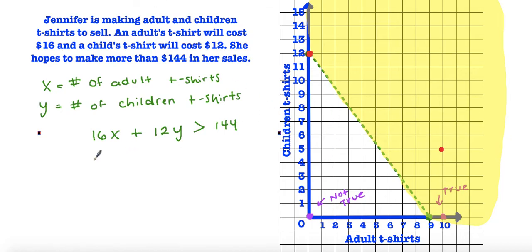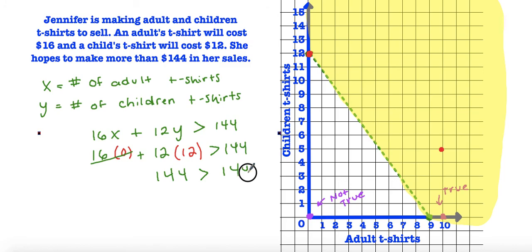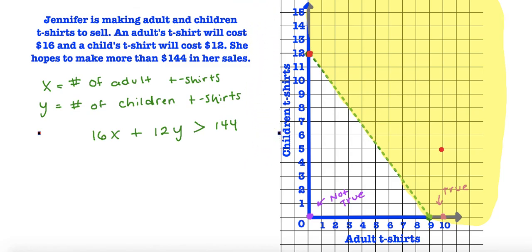So that's (0, 12), so 16 times 0 plus 12 times 12 is greater than 144. 16 times 0 is just 0, sorry. 12 times 12 is 144, and that is not greater than 144, so anything on the line is not included and it's not true. So only the shaded region is true for this. And that's it.